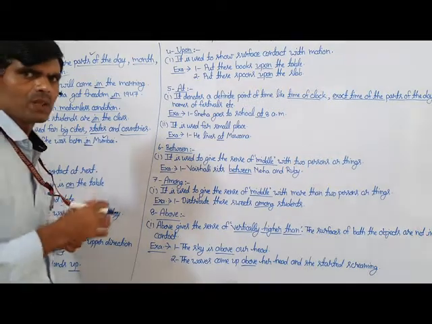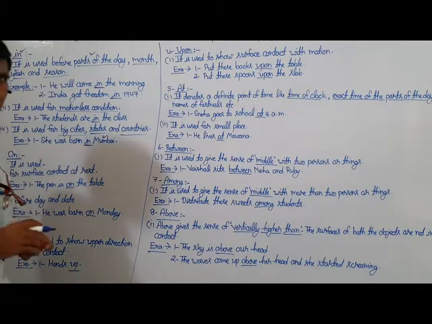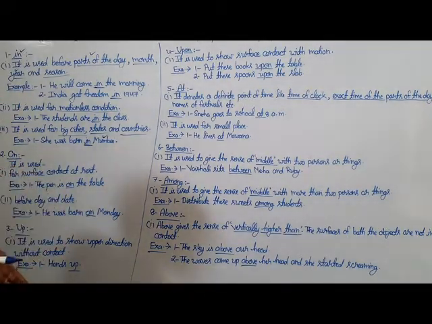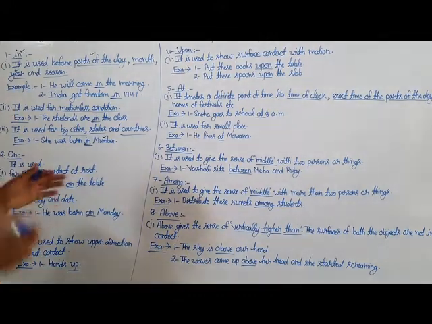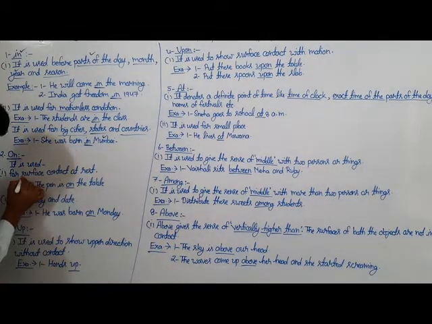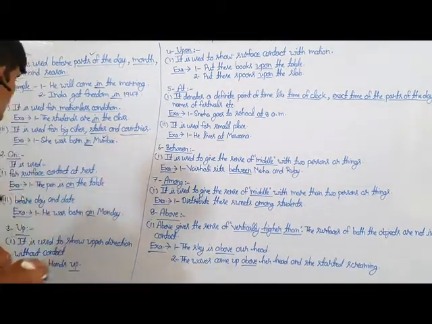Now I am going to discuss another important preposition, on. The next preposition is on. The first use is for surface contact at rest. On is a preposition which is used to show surface contact at rest. At rest means without motion or without movement.